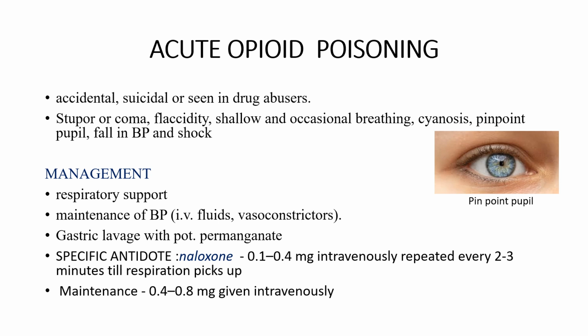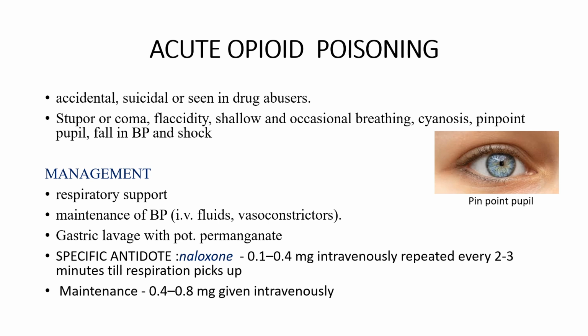If the patient is not breathing, then proper respiratory support with assisted ventilation should be given, and maintenance of BP should be done with IV fluids and vasoconstrictors if needed. Gastric lavage is done with potassium permanganate in order to remove any leftover morphine in the stomach, even if morphine is given through the parenteral route.